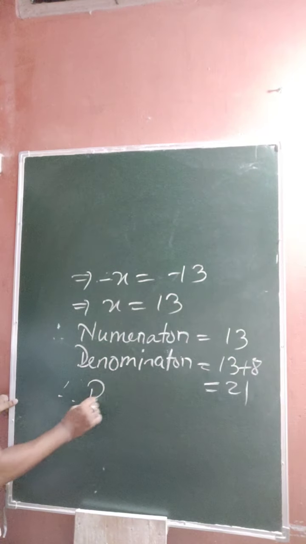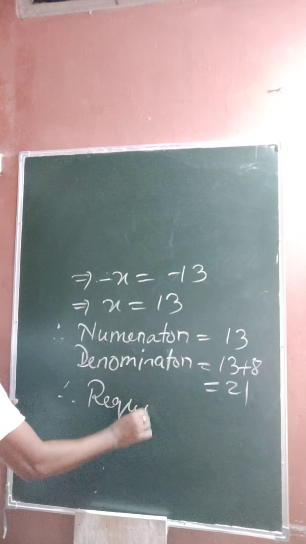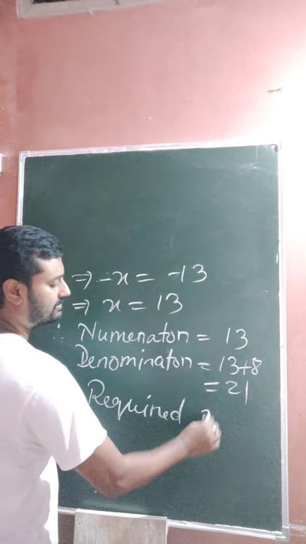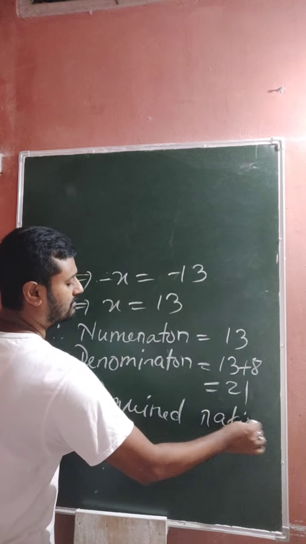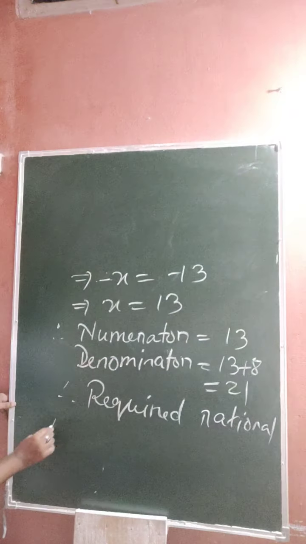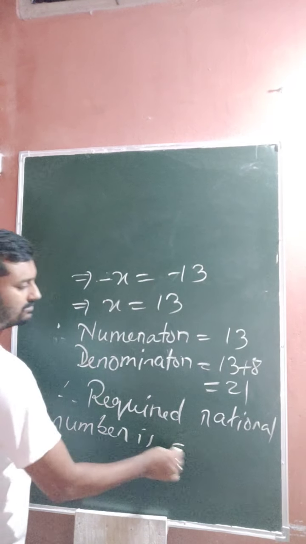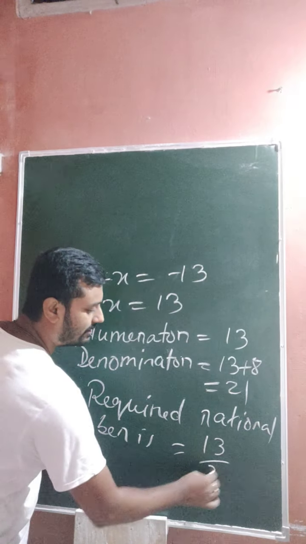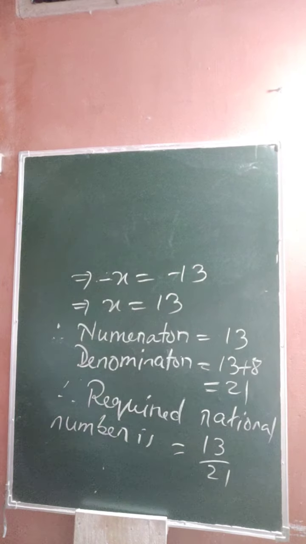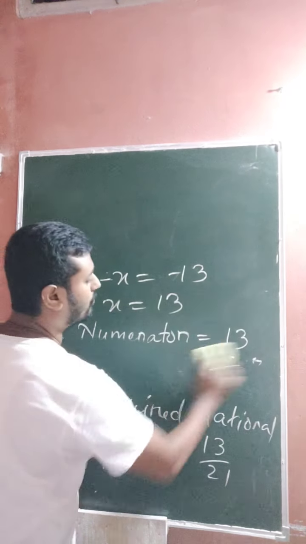So therefore the required rational number is 13 by 21.